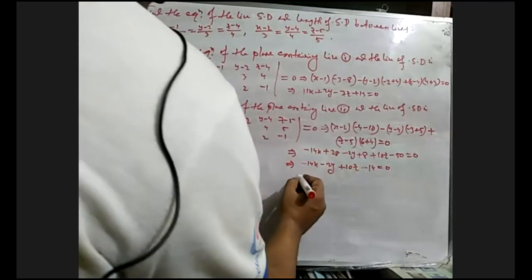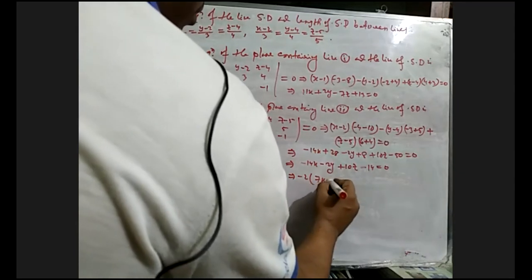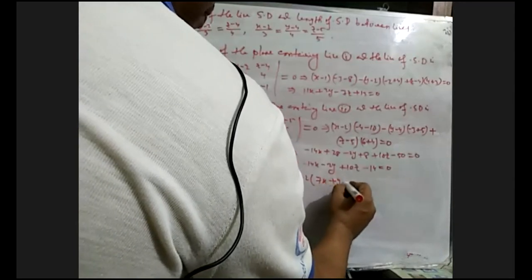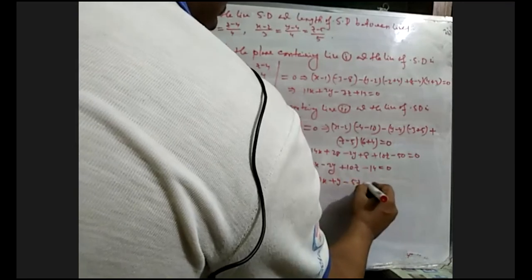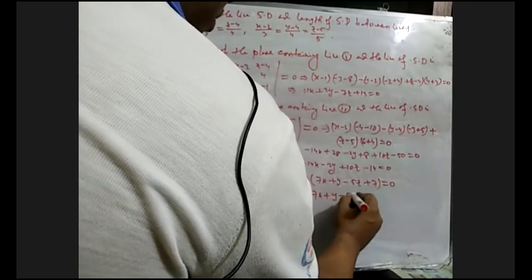Dividing by minus 2 on both sides, we get 7x plus y minus 5z plus 7 equals 0.